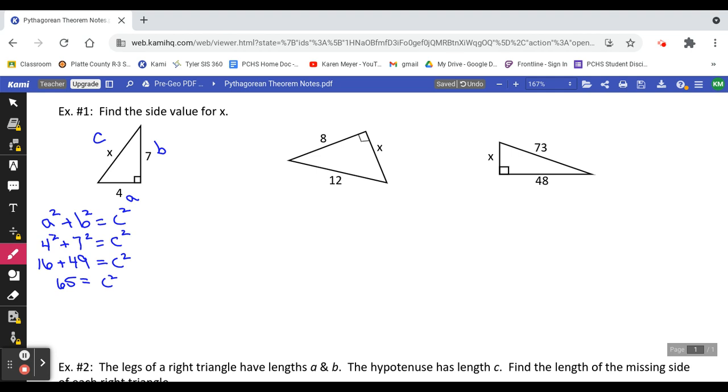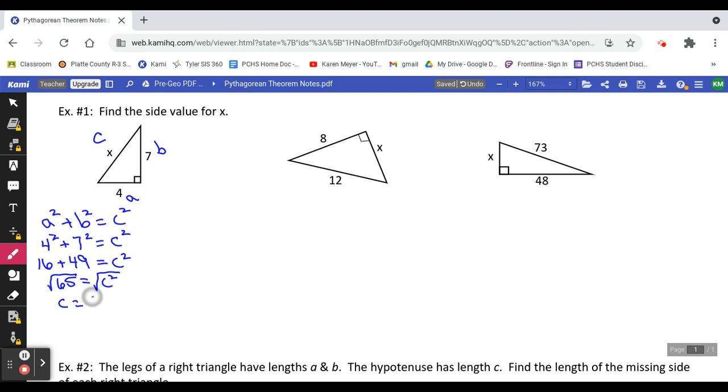So the opposite of a power of 2 is a square root. So I'm going to put a square root on both sides. Now on your calculator, the square root, if you have one that's like mine, is located above the x squared key. So you will hit second x squared, and then your square root symbol shows up. And then type in 65.